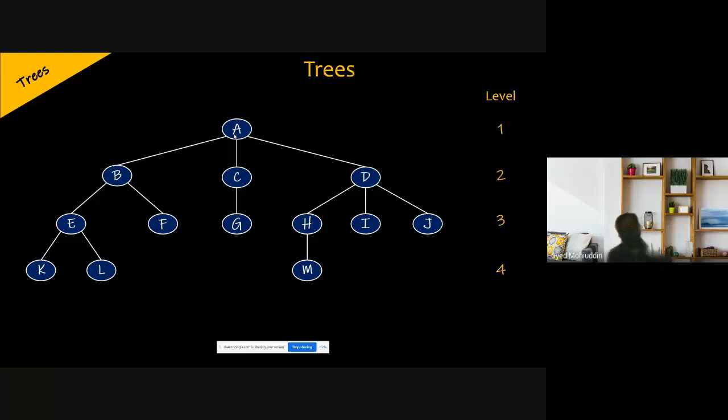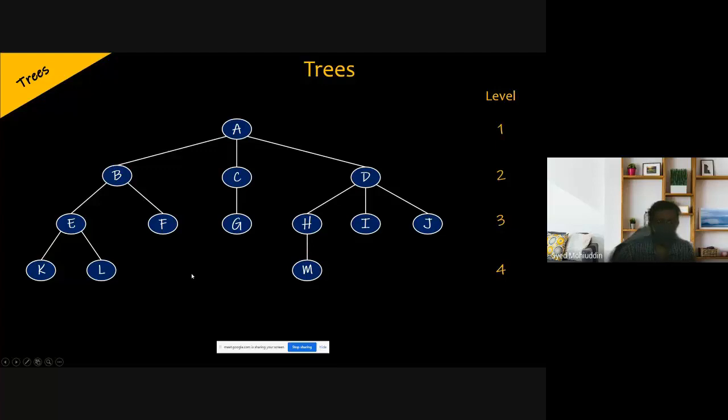Then there are several other terminologies used in trees. The nodes which do not have any children are known as leaf nodes, or external nodes. So in this case, G is a leaf node, F is a leaf node. G, F, M, I, J, L, K, all these are leaf nodes or external nodes.